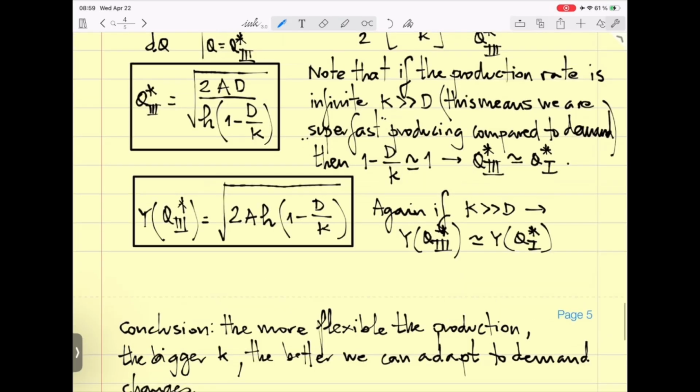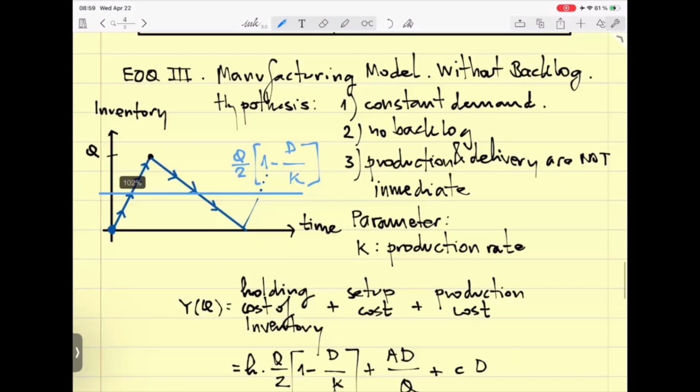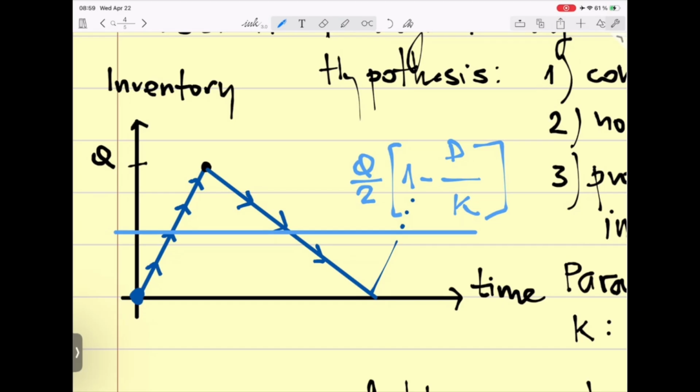Basically, K is saying how big this slope is, okay? So a very low K would be like this. This is K smaller than D, and this way is K much bigger than D.